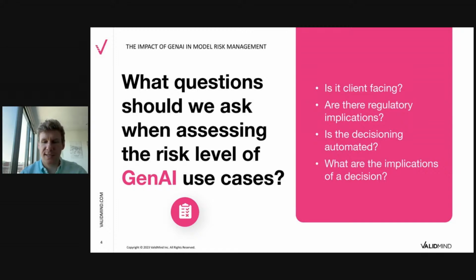The next one is somewhat related to the first question, which is, is there a human, ideally an expert, in the loop at all, right? Is the decisioning completely automated and it just flows through the system, and an LLM is making these decisions at some point without any sort of oversight? That, of course, raises the risk.